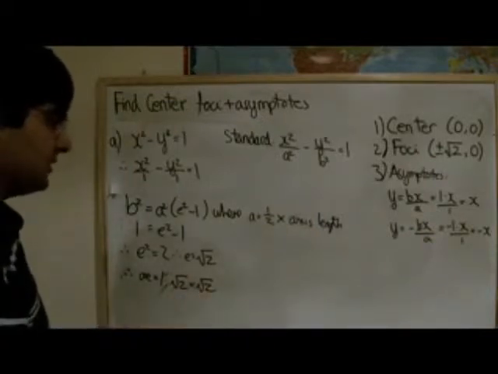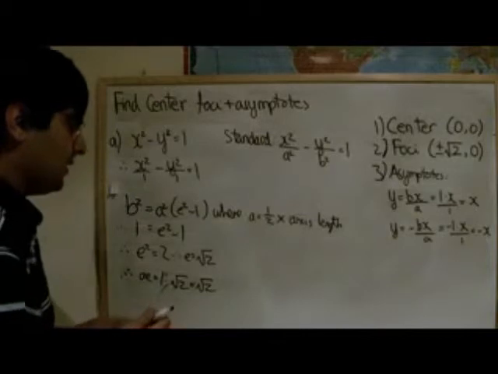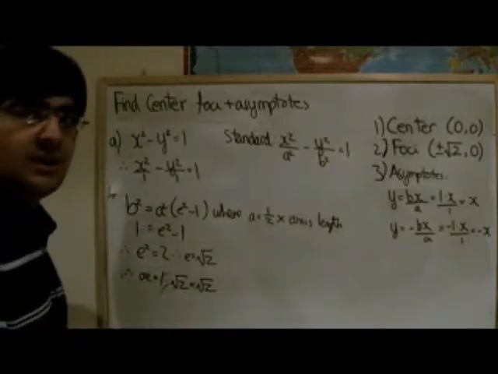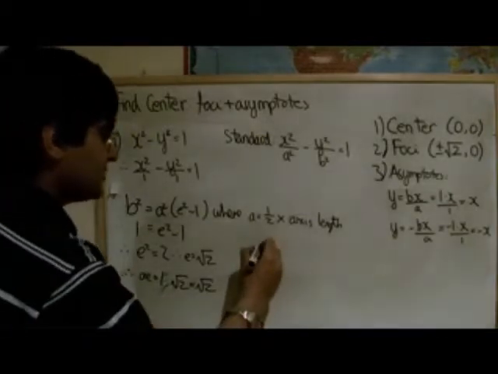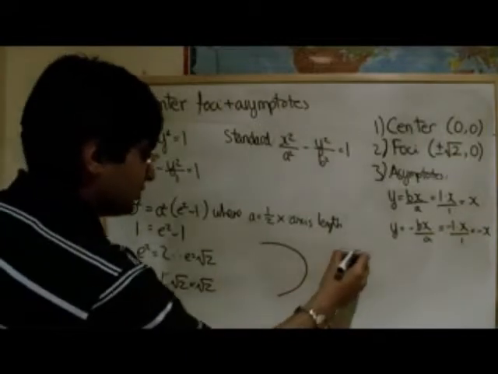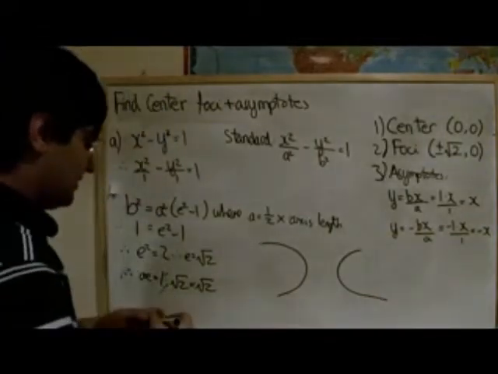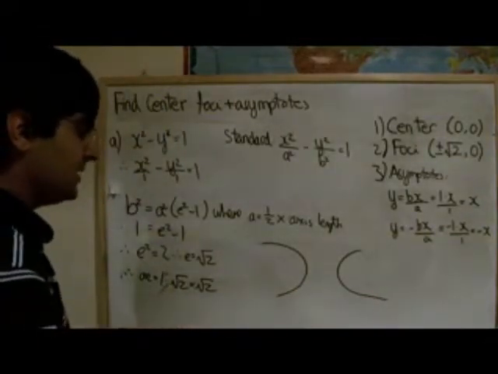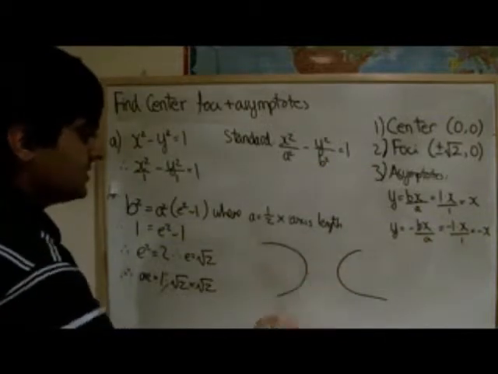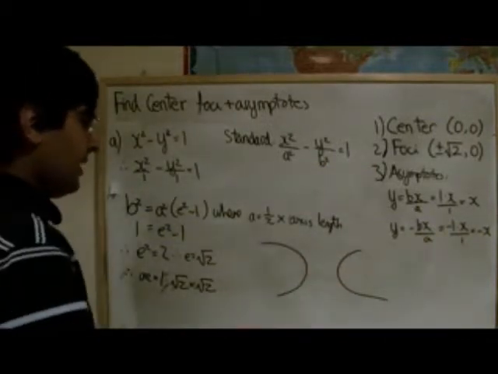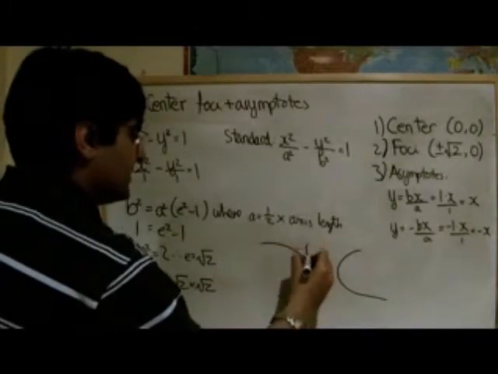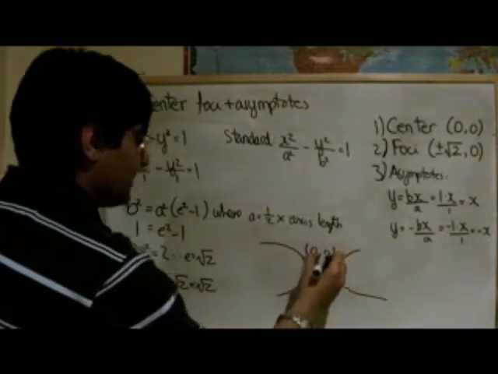Before we continue on, let's just think for a moment. What does this hyperbola look like? We have no reason to believe that it does not look like a standard hyperbola with a C shape and an inverted C shape. We know the center of this hyperbola is 0, 0.